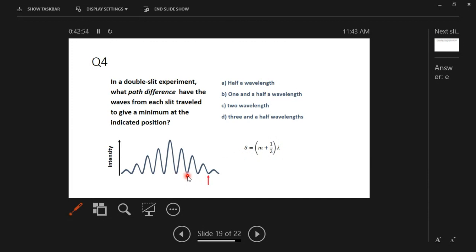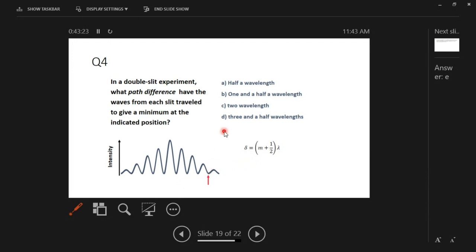This is m equal to 1. This is m equal to 2. And that means this is going to be m equal to 3. And if that is 3, then delta is going to be 3 plus 1/2. Oh, no, not 3/2, 3.5 wavelengths. So that is the path difference between the two waves coming to this point. The correct choice is D.